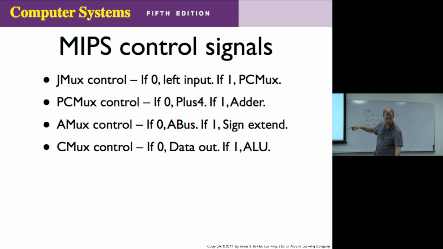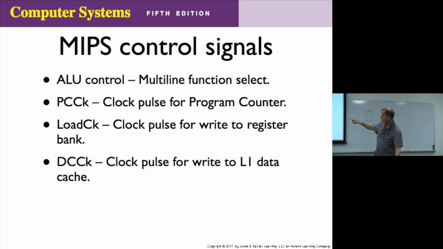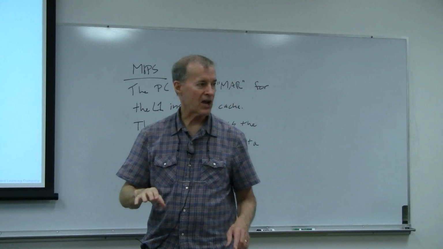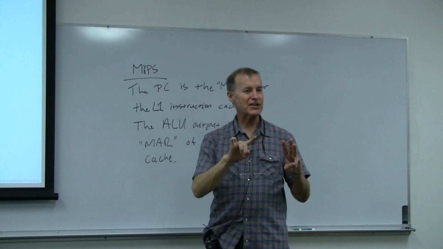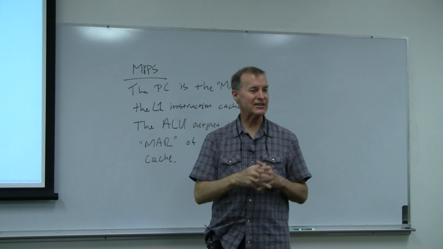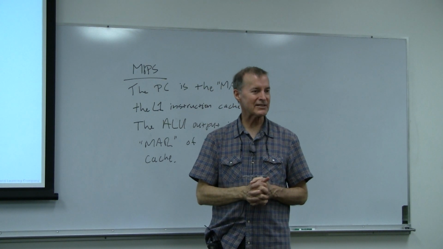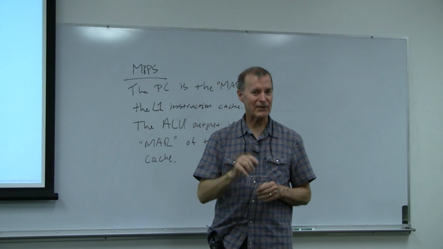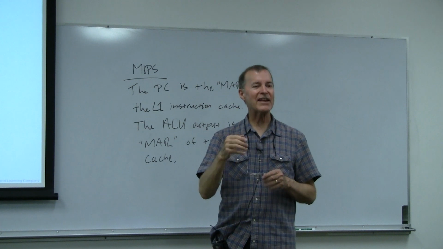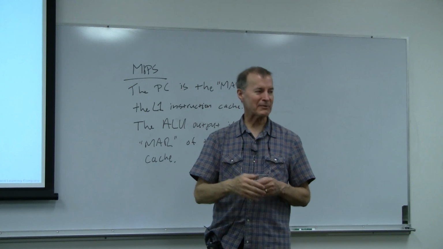So there's 4. And then there's ALU control, 5, PC clock, 6, load clock, 7, data cache clock, 8. So all we have are just 8 control signals. We'll be able to specify each one of those to see how each instruction in the MIPS instruction set is implemented. And everything happens in just one cycle. Every instruction happens in one cycle. And that includes updating the program counter.